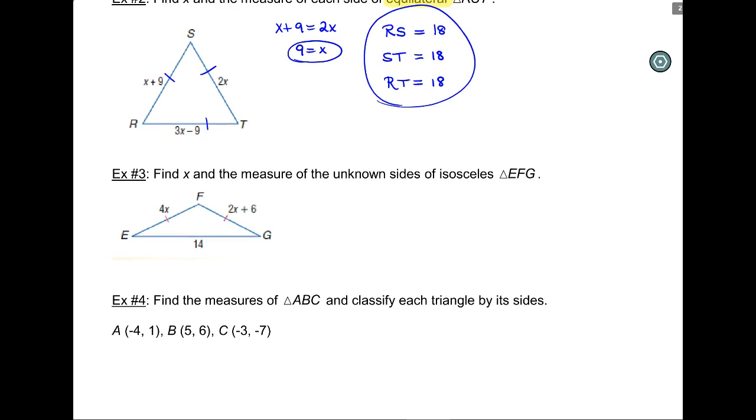Find the measure of x and the measure of the unknown sides of isosceles triangle EFG. So x equals 2x minus... 16. Anybody want to come up here? You want to do it?